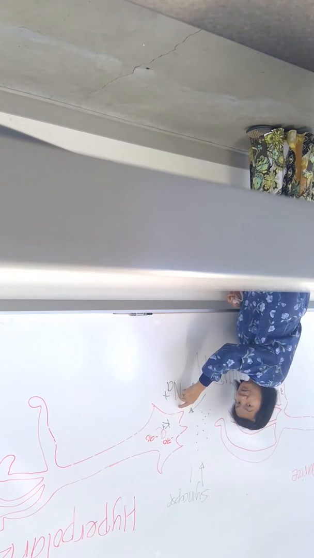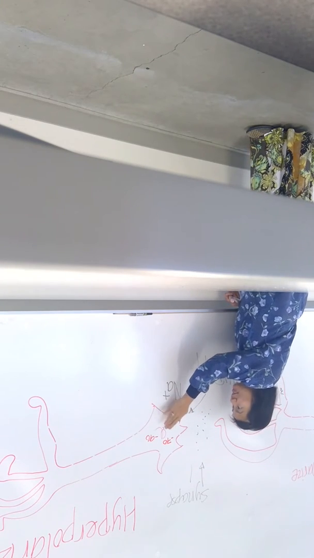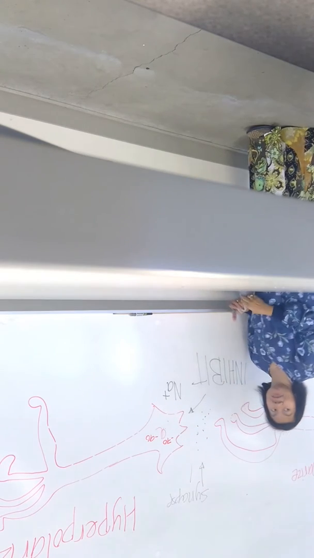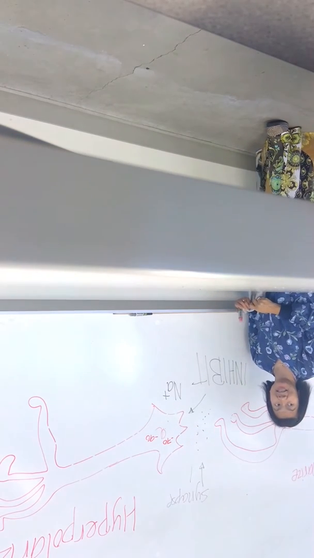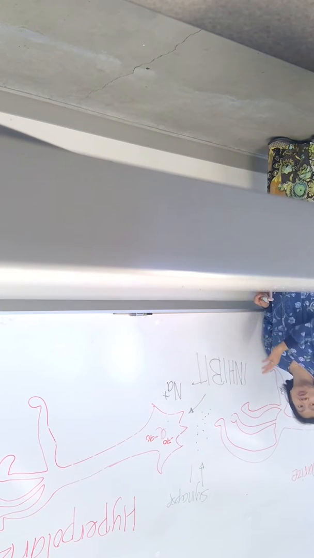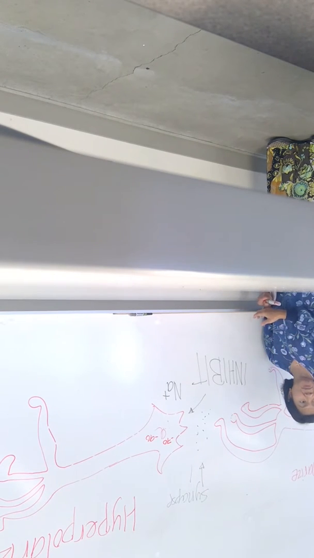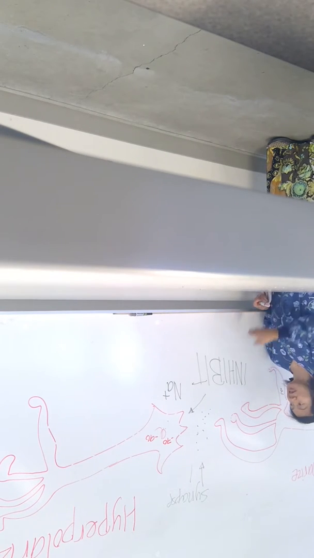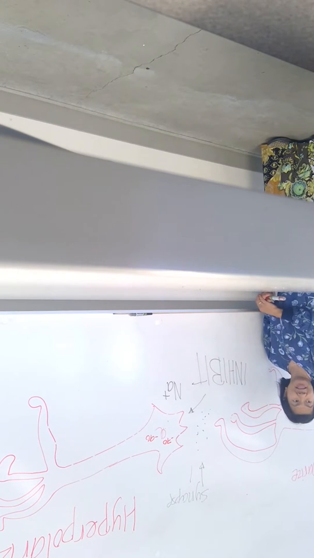Potassium will trickle out. If potassium trickles out, won't that make it more negative inside? So don't forget, inhibitory neurotransmitters will not open sodium, but will open potassium. Potassium will leak out, leaving it more negative inside.